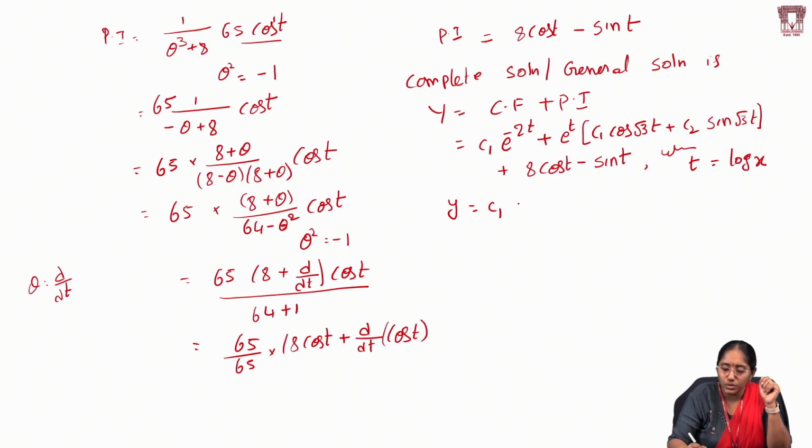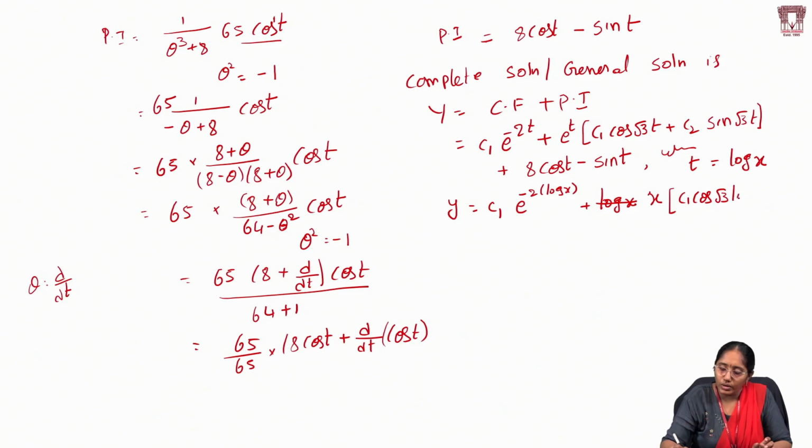C1 into e power minus 2 log x, plus e power t, that is e power log x, whose value is x, then c1 cos root 3 log x plus c2 sin root 3 log x, plus 8 into cos of log x minus sin of log x.